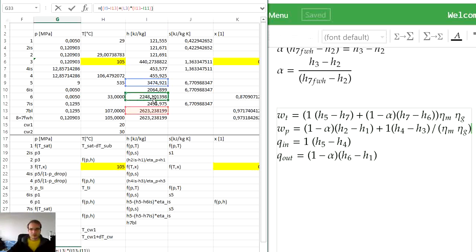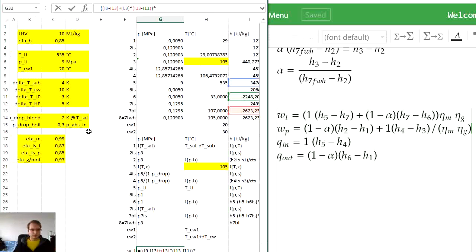And the overall thermodynamic work needs to be multiplied by mechanical efficiency and by efficiency of the generator.